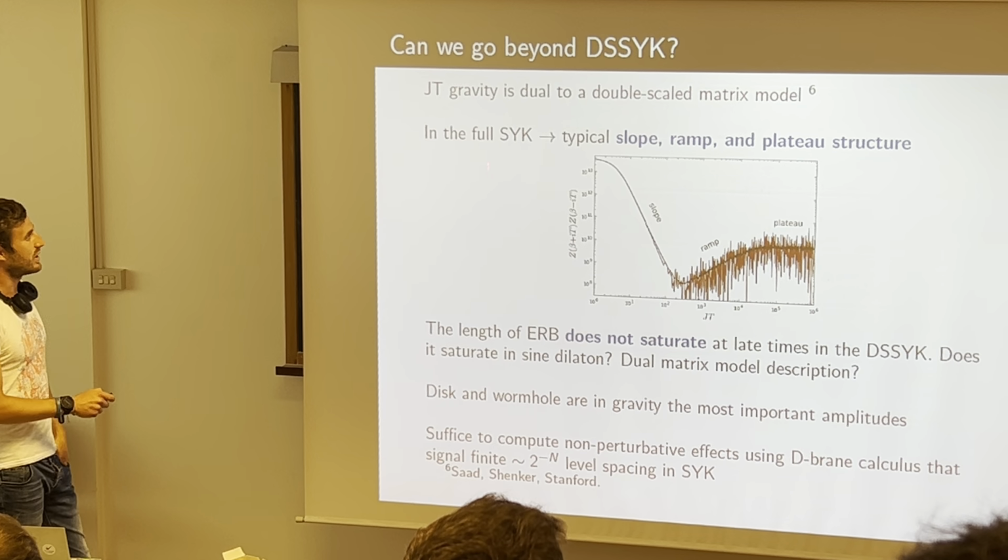Then comes an important step, that is the mini superspace approximation. In general, this Wheeler-DeWitt Hamiltonian would involve functional derivatives with respect to the fields, that in this case are the length in sine dilaton and the dilaton.